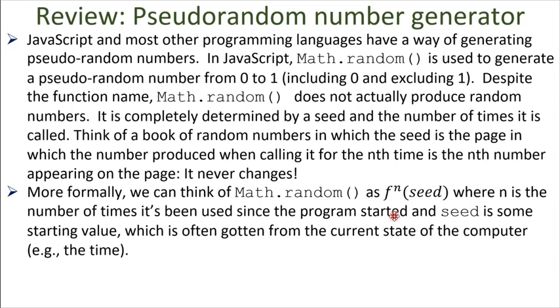We said f squared of seed was 0.42, so it would just be f of 0.42. So if you remember, whatever the output is for f to the n of seed, the next time that's going to be the input to f, and whatever you get out will be your next random number.